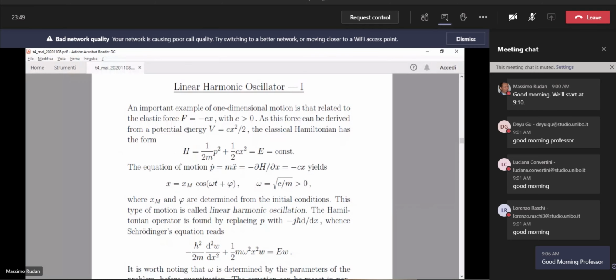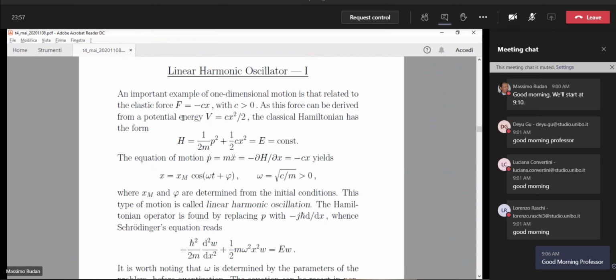So why is this important? It is important because if we succeed in calculating the solution of the Schrödinger equation for the linear harmonic oscillator by itself, then we can apply the solution to many important problems. For instance, we can quantize the motion of the atoms of a crystal.